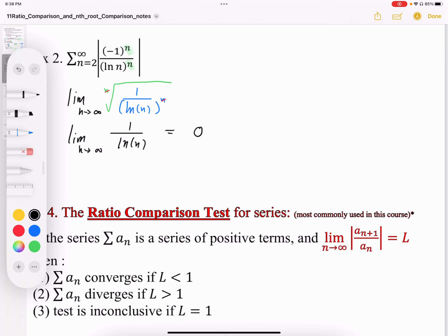So that's for sure going to converge. We don't really need to worry about that; we could just use the fact that it is less than 1. Therefore, we can make the conclusion that this is a converging series.